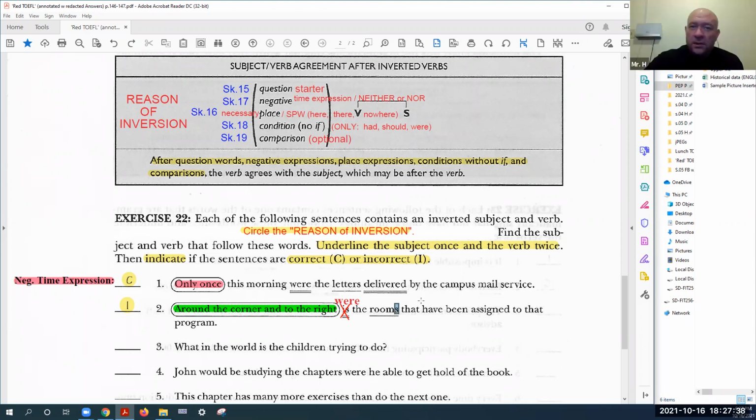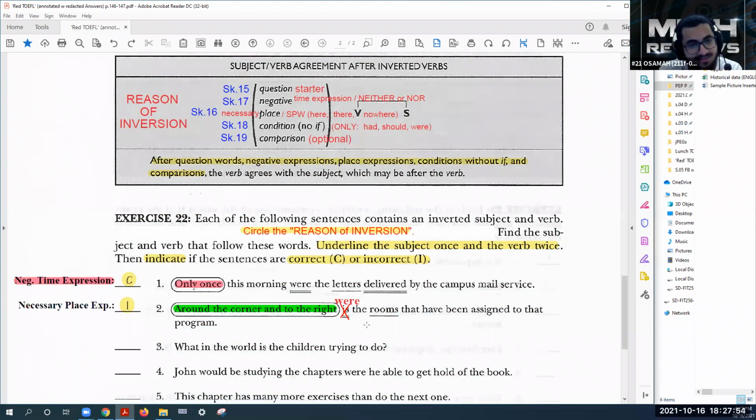That is correct. If you say is the room, then you must change this auxiliary. So which formula was that? 16. And what is that called? Necessary place.